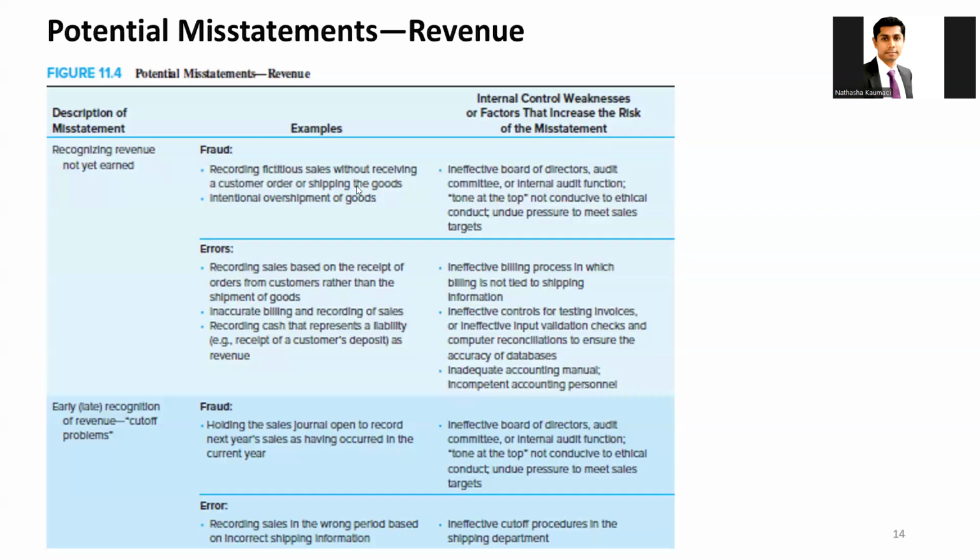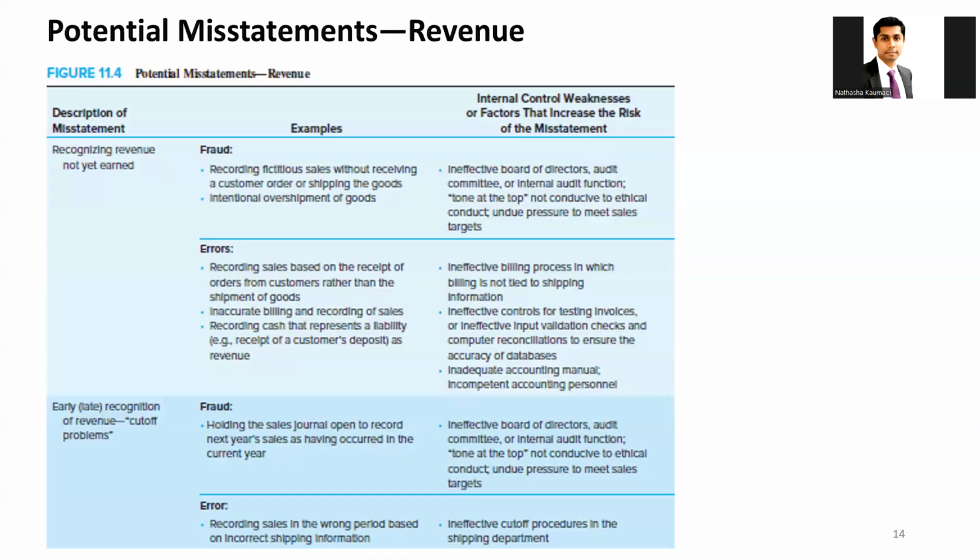You have not received a sales order, you have not shipped the goods or anything, but you have recorded fictitious sales. Fictitious sales are more related to fraud because you know that there's no genuine sales order, but you are trying to recognize revenue just to increase the revenue number.